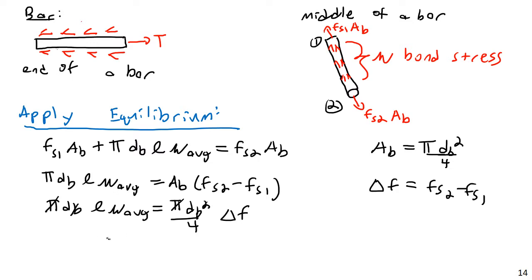I would end up with an expression that the average skin friction stress, the average bond stress, is equal to delta F, whatever the actual change in stress is there, times dB divided by 4L, 4 times the actual length of that element.